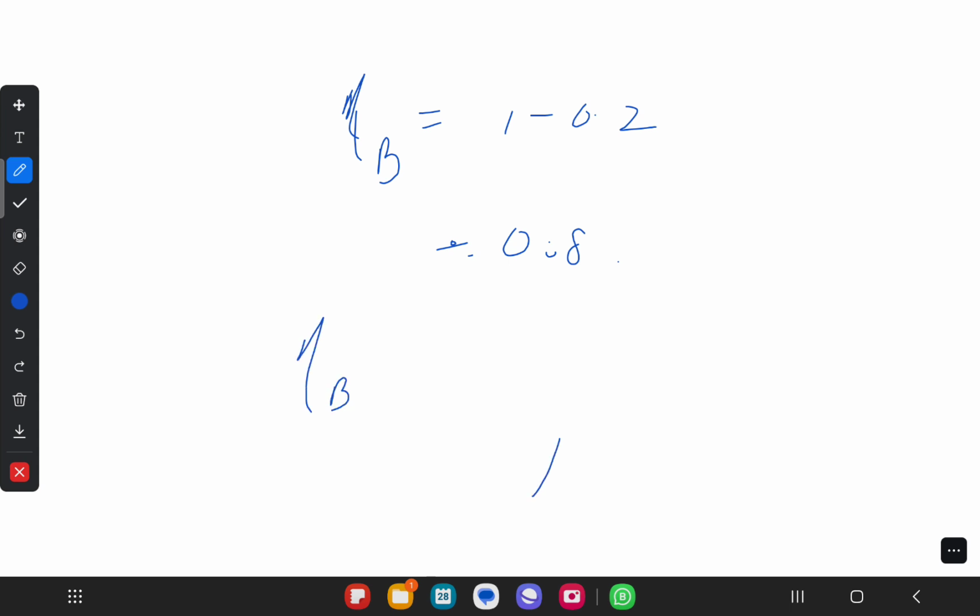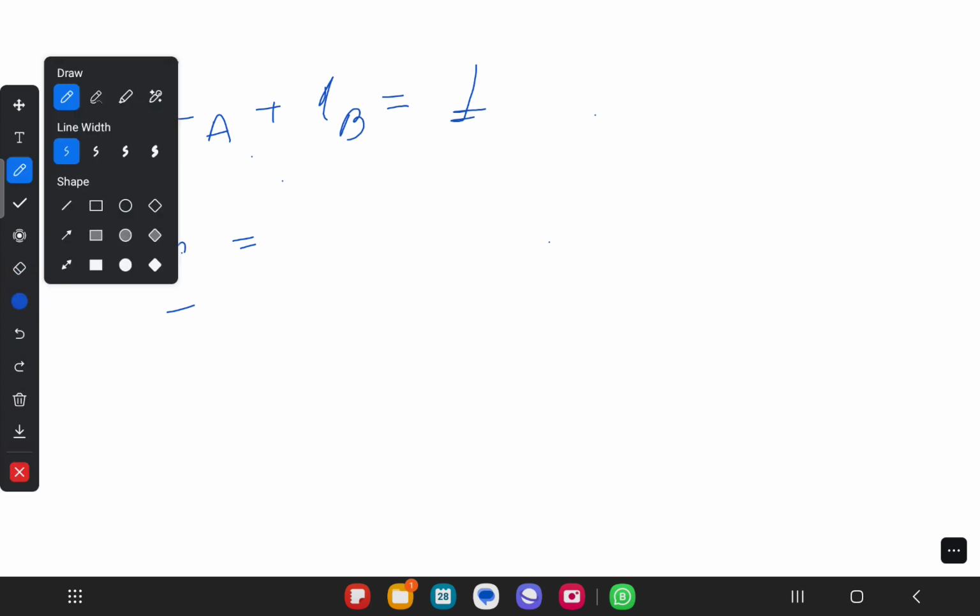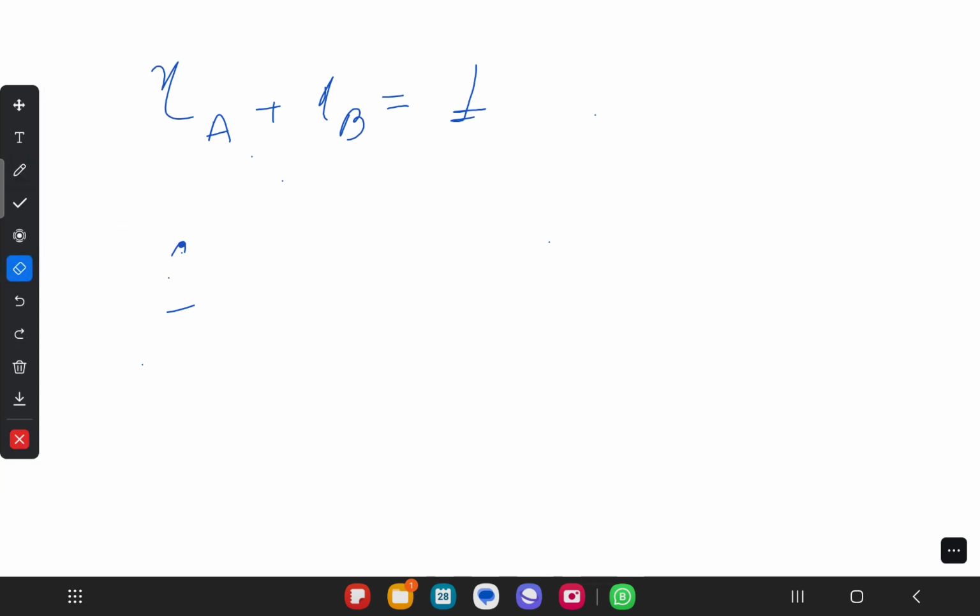Did you understand? If I give you another question, the question says, for a solution, chi of A plus chi of B is going to be 1. Chi of B is given to you as 0.7.